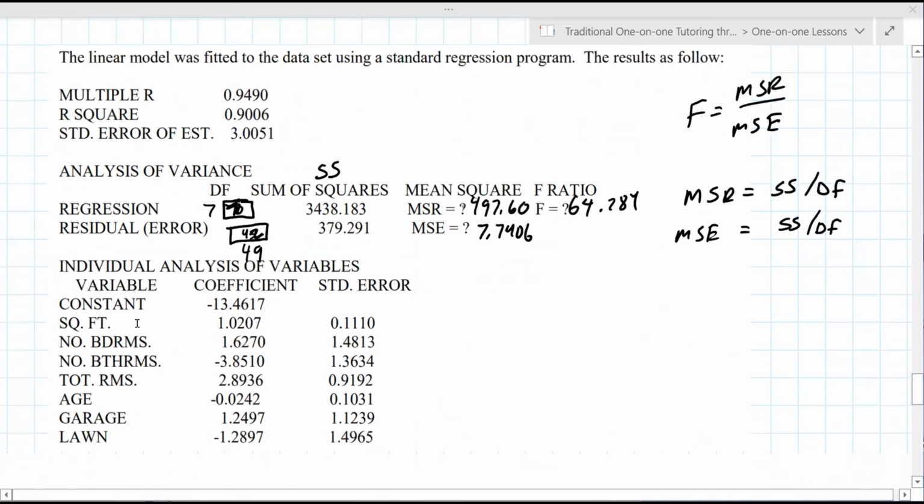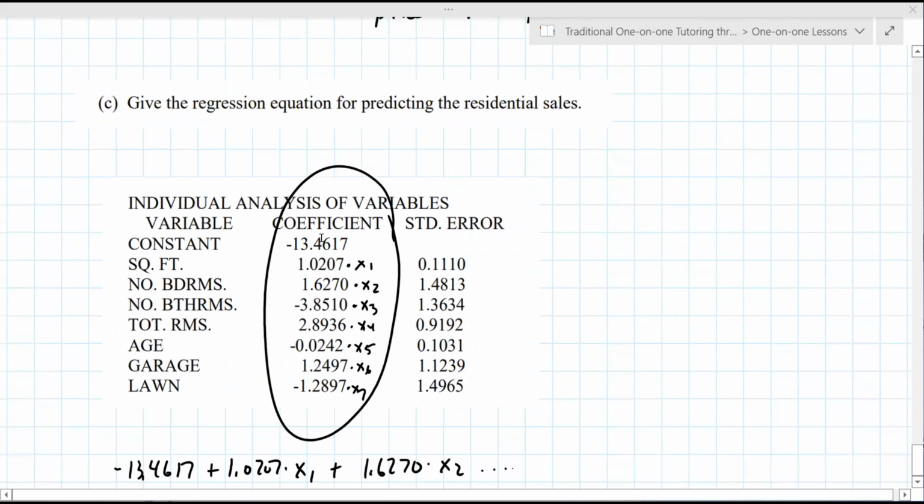Your equation for predicting the price is this constant number plus 1.0207 times the number of square feet in the home, plus 1.627 times the number of bedrooms, minus 3.85 times the number of bathrooms, and so on. And so it's just asking for the equation. That's all it's asking for.